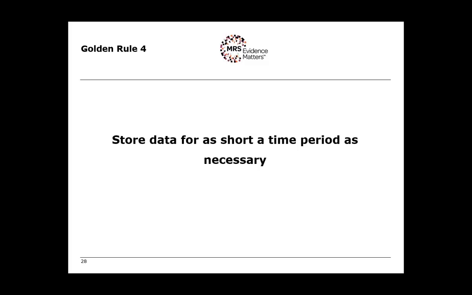Golden rule number 3 is always store and send data to clients or data processors securely. Under the Data Protection Act, you're required to ensure that you take appropriate technical and organizational measures against unauthorized or unlawful processing of personal data, and also against accidental loss or destruction or damage to personal data.